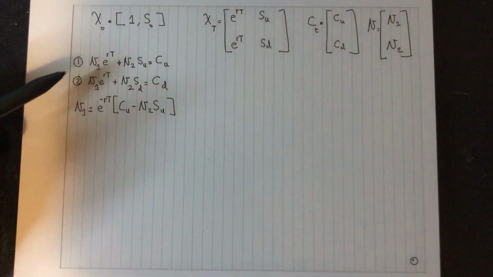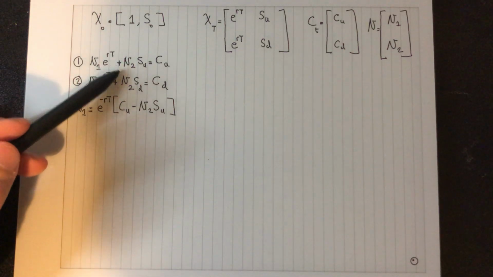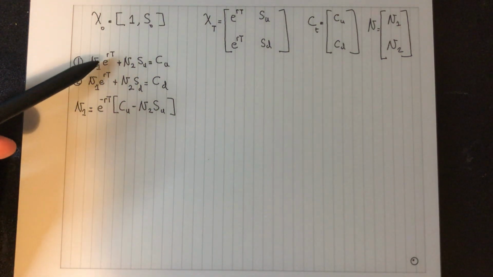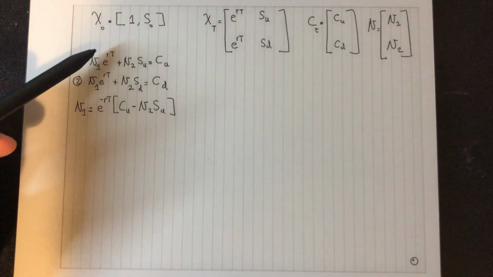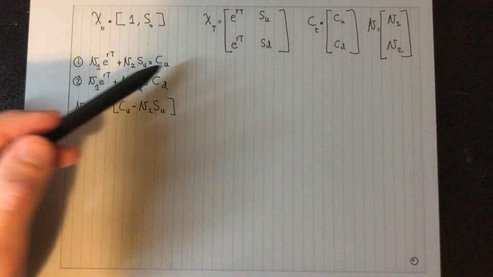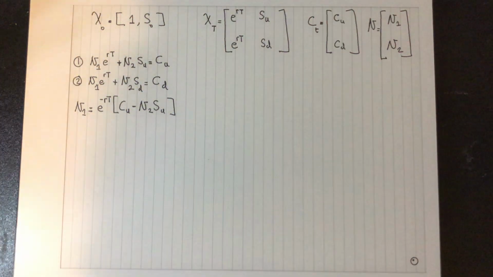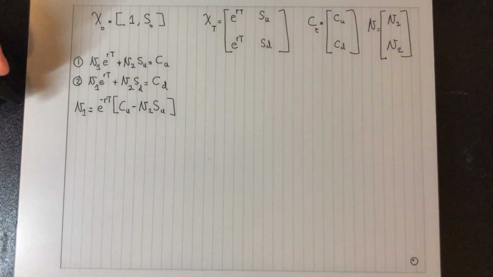So all I did over here was I moved the N2 S_U to the other side, therefore there's a minus sign, and then I multiplied this component with e^(-RT) to move basically the e^(RT) to the other side. That's N1.